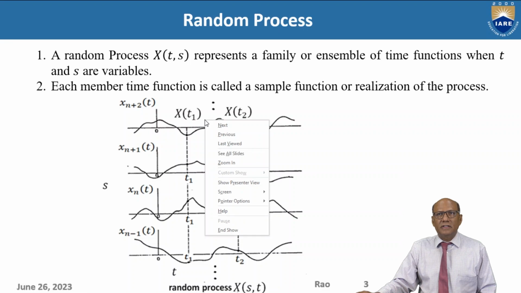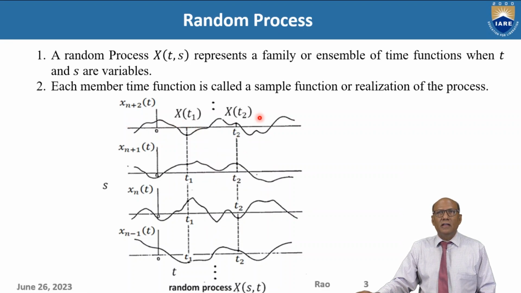If I take the first signal, on the vertical axis I have voltage or current, some quantity that depends on time. As time progresses, this parameter changes randomly in this case. So this is called a time function, because it's a function of time.